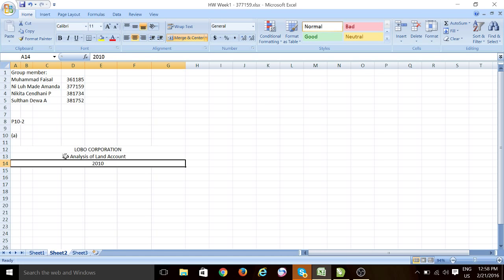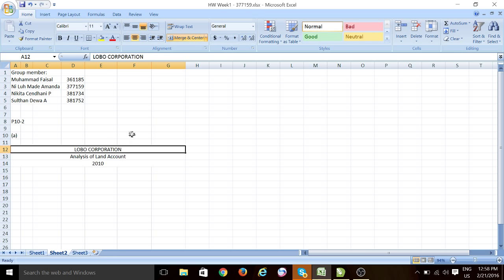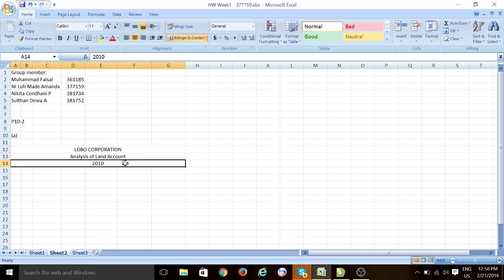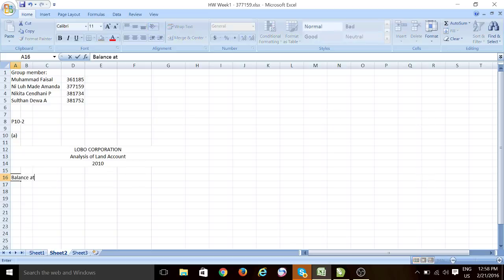So here I've already made the usual format of a company's name, Lobos Corporation, and then the name of the account, and then the year that we are analyzing. For the first account, we are going to analyze the land of Lobos Corporation. So first, we are making a balance at January 1st, 2010.